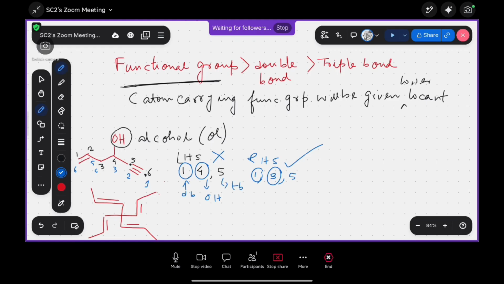And from the right hand side, at the one position we are having the triple bond. At the third position we are having the OH functional group, and at the fifth position we are having the double bond. As already said, the carbon atom carrying the functional group will get the lower locant.